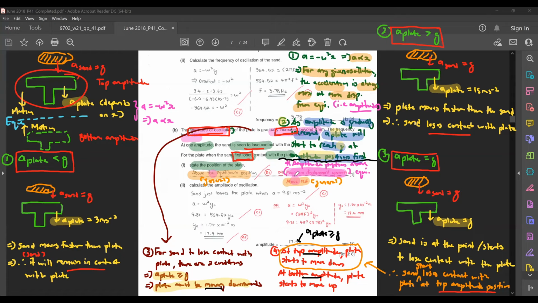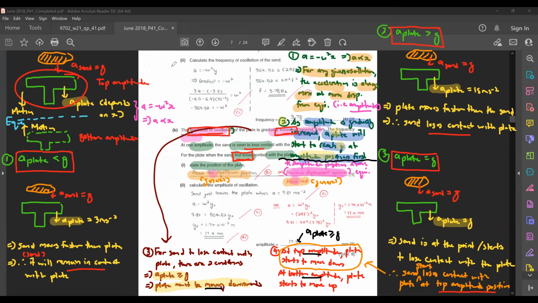Why is B1 worded like that? So for sand to lose contact with plate, plate must be moving downwards because we are looking at the acceleration, is it? Okay, you consider this now. Why must it be moving downwards in the first place?